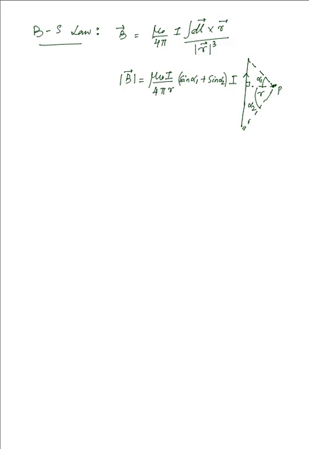And as far as the direction is concerned, we have the cross product of dl and r. The dl over here is taken along the direction of flow of current.